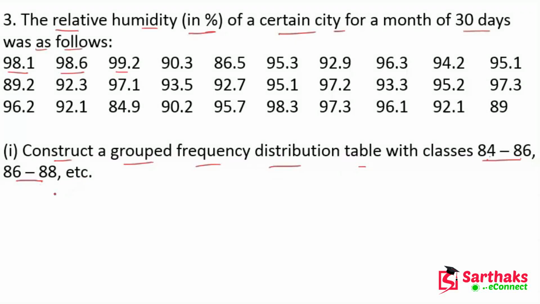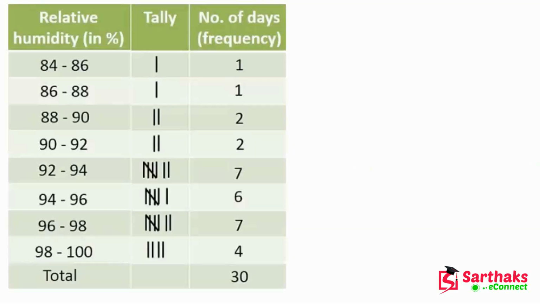Similarly we take the other classes. Now let's construct it. We take the intervals 84 to 86, 86 to 88. This is the class interval, and this is relative humidity in percent.